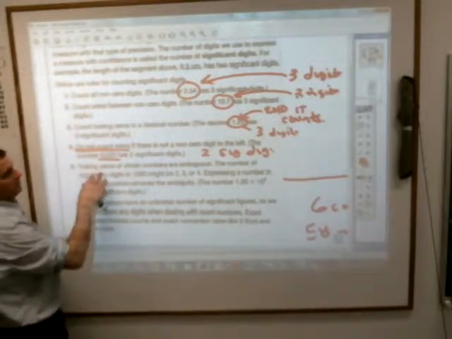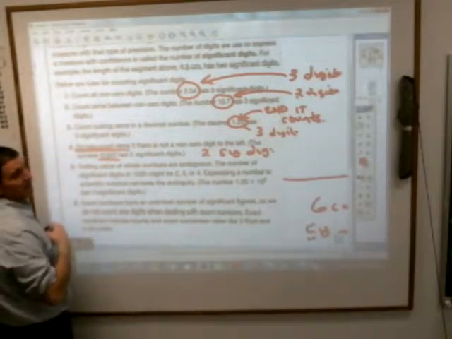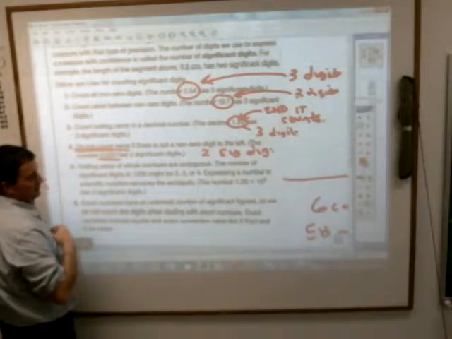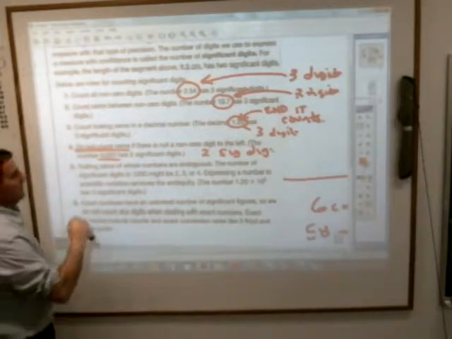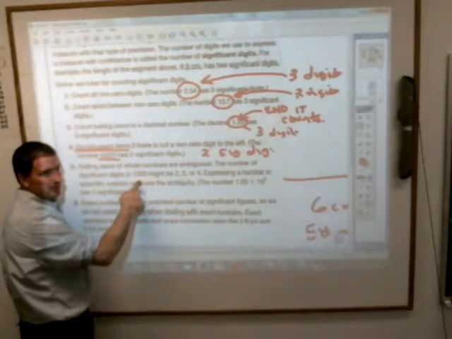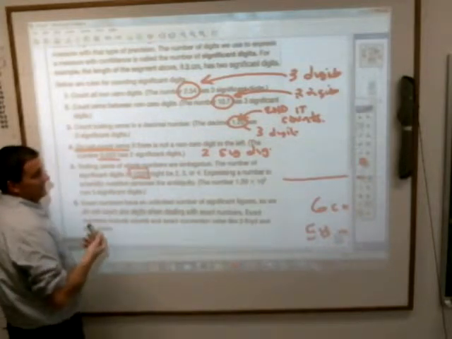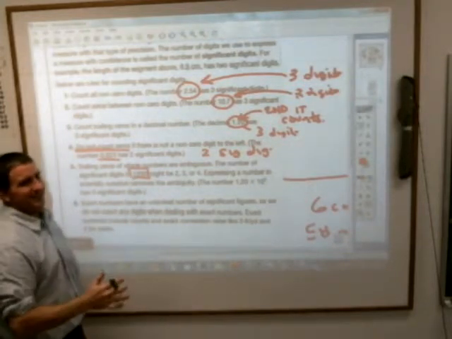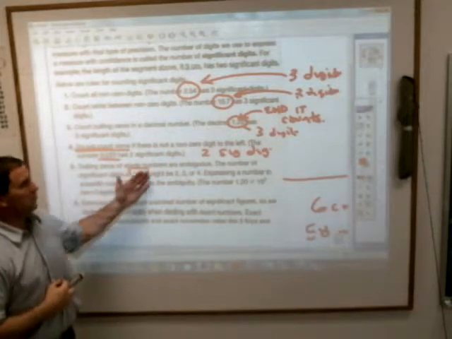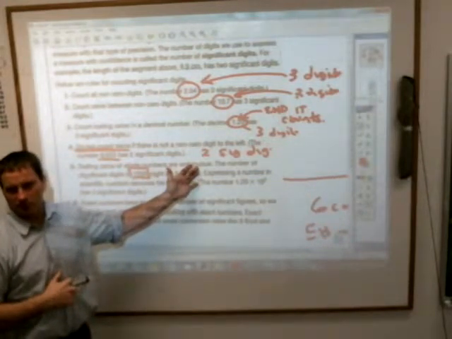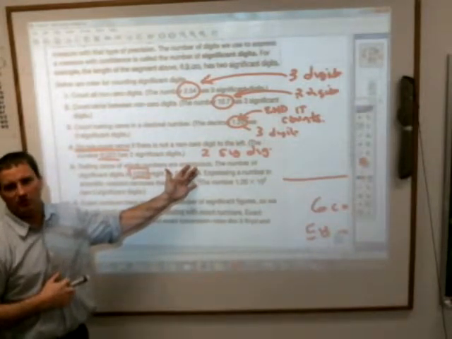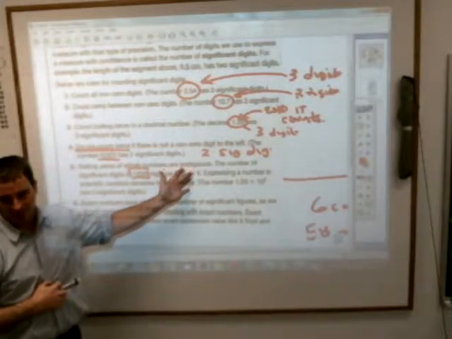Trailing zeros of whole numbers are, oh, I like this one, ambiguous. In other words, when they're trailing and there's no decimal point and it's just the whole number, this is saying you really can't tell, it's ambiguous, so you don't really know. So there you just wiggle your brow and go, I don't know how many significant digits are there.